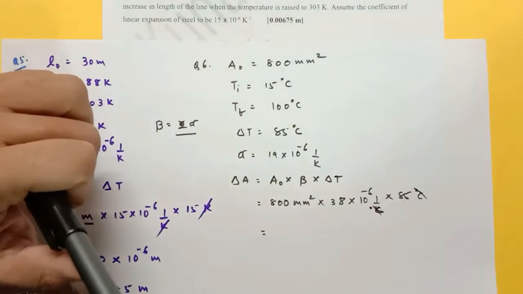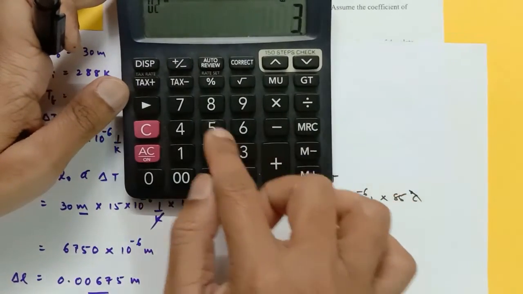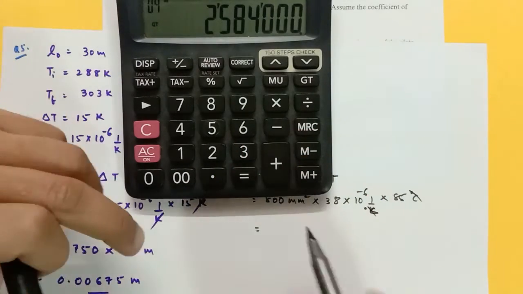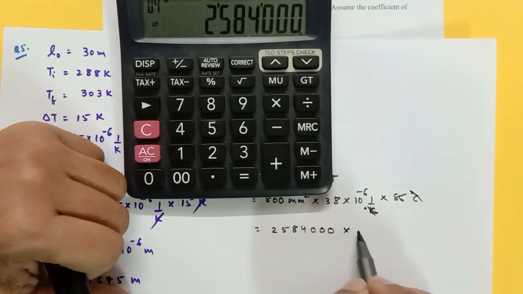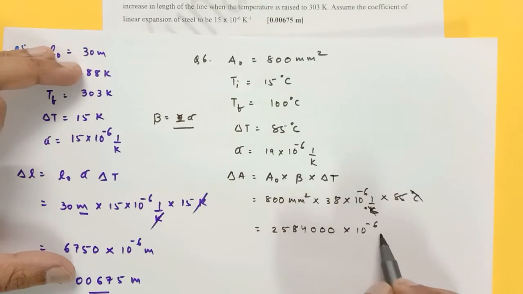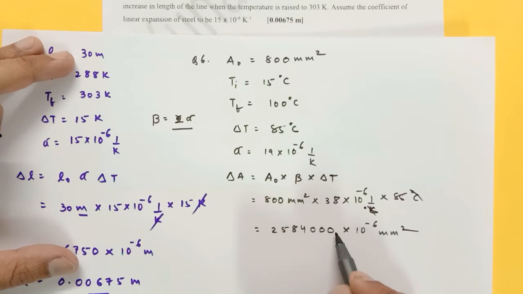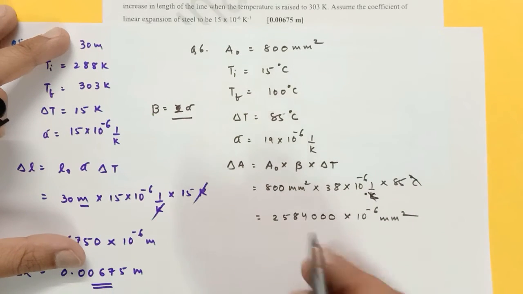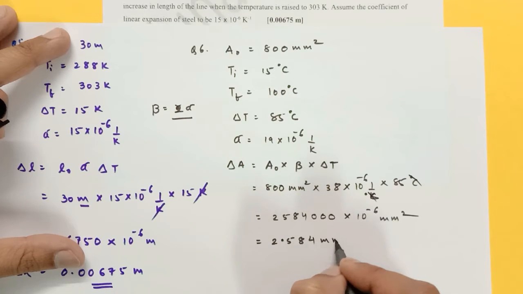So 800 multiply by 38 multiply by 85 is this, right? So we have 2584000 into 10 raised to minus 6, and the only unit left is millimeter square. So if I start removing 6 zeros from here, because here is the decimal, 1 2 3 4 5 6, so my answer would be 2.584 mm square.